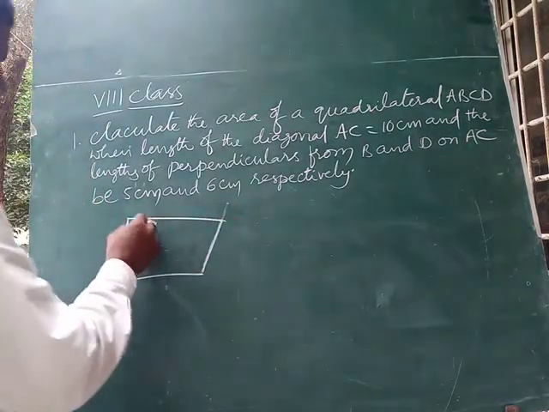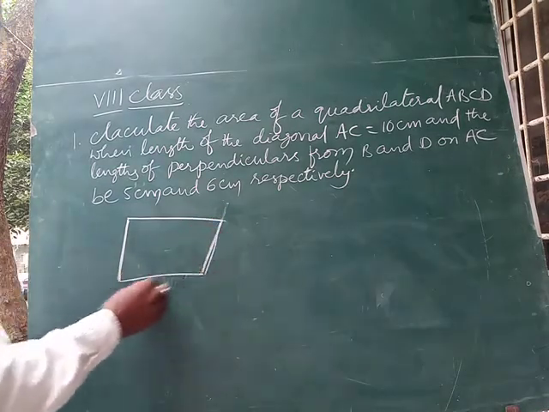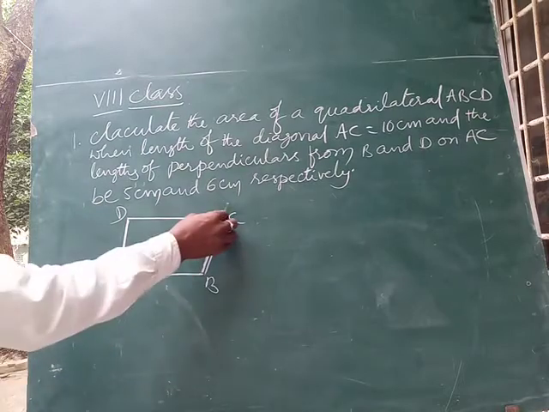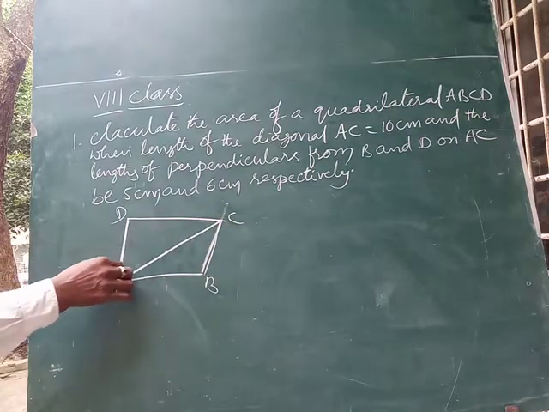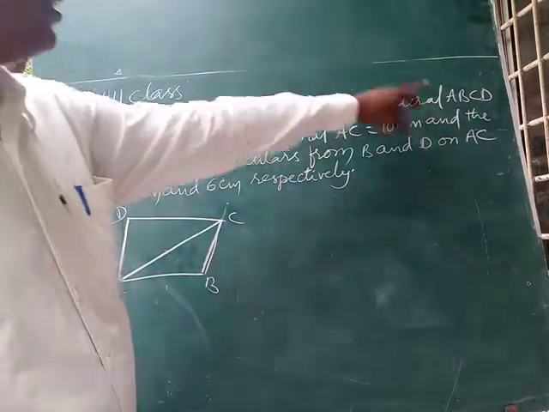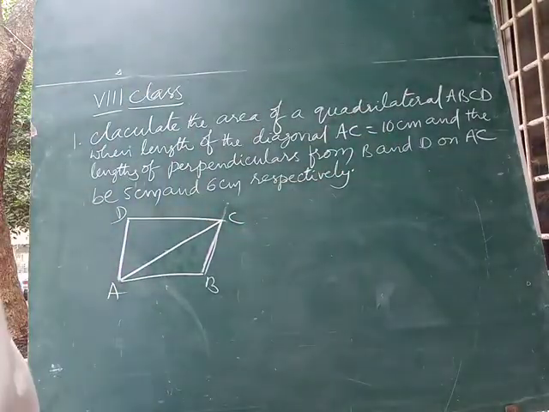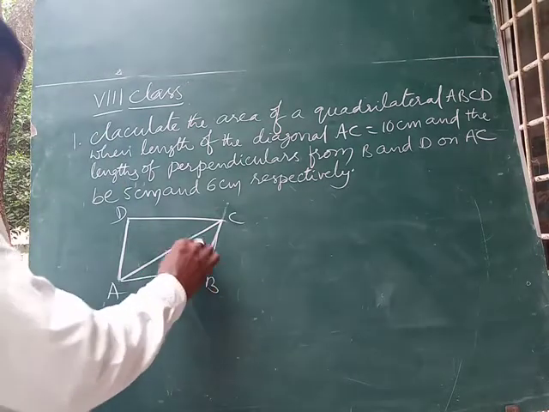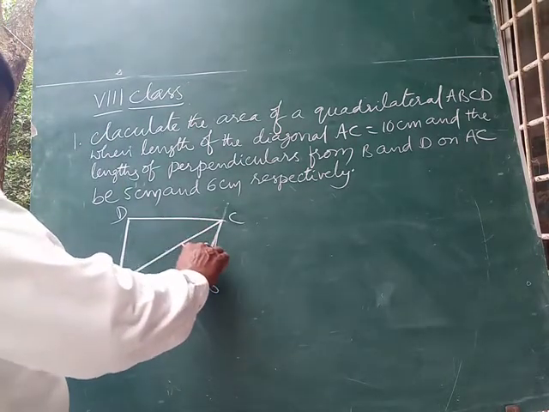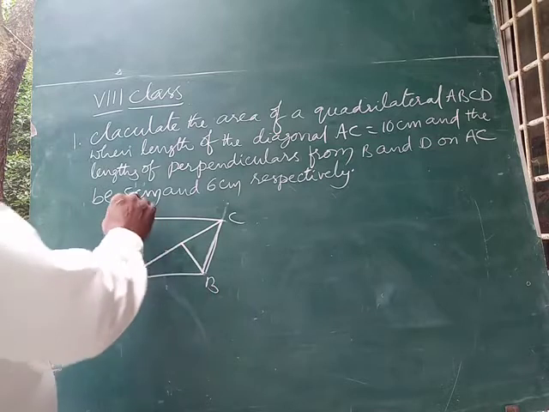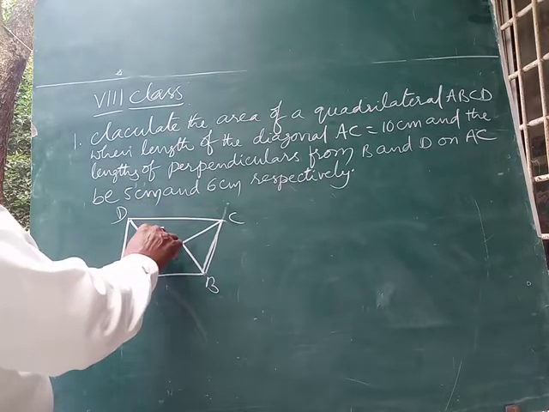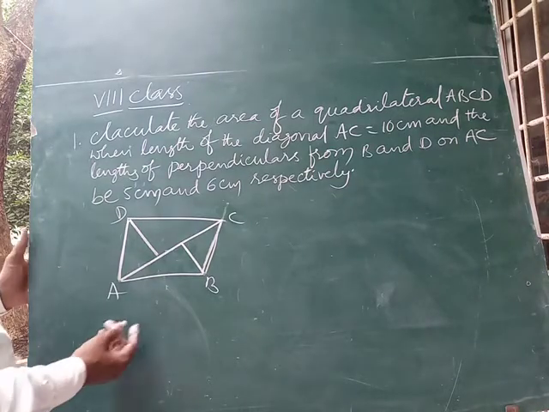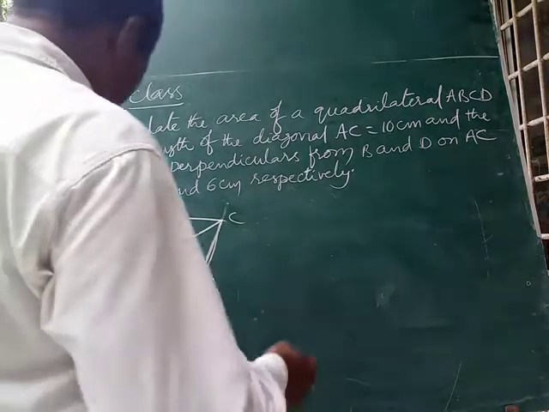This is a quadrilateral, named A, B, C, D. This is AC, which is 10 centimeters. These are the perpendiculars from B and D. This is the perpendicular line from B, and this is one more perpendicular line from D. Now the figure is over. Now, write what has been given.